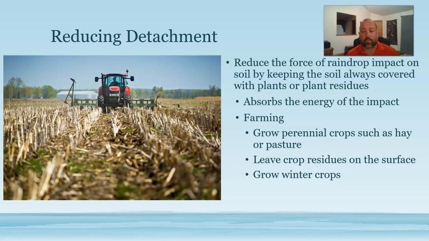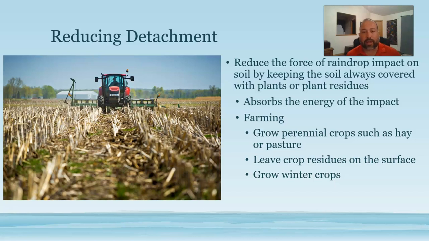So you can grow perennial crops like hay or pasture, where you're just going to have surface cover at all times. If we're in the crop harvesting, crop rotation sort of a thing, we can leave crop residues on the surface, and then grow our next crops within those. And we'll talk about how you do that.